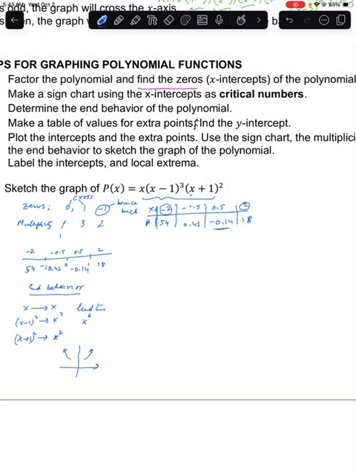So when you graph the function, your x-axis should not be too high up. We have a little bit of the vertical axis below the x-axis, and most of it is above.